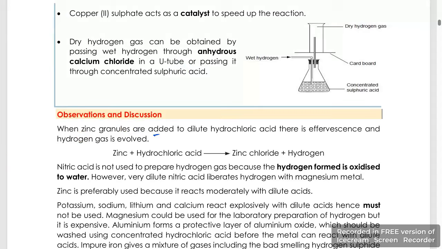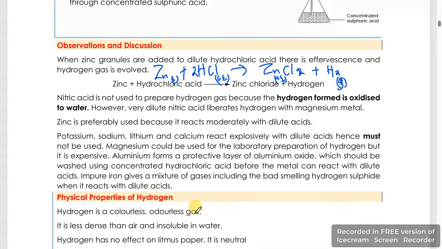This is zinc, to which you add HCl, then it is going to give you zinc chloride plus hydrogen gas. Put the state symbols and you are done with how to write the equation. This is a gas. Very important. Then the uses of hydrogen, at least 2 uses.